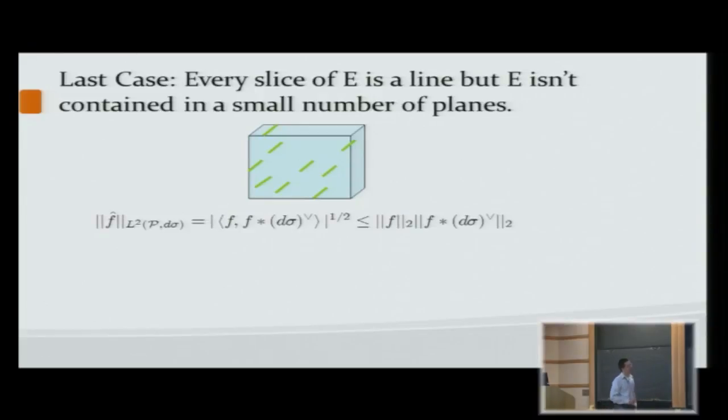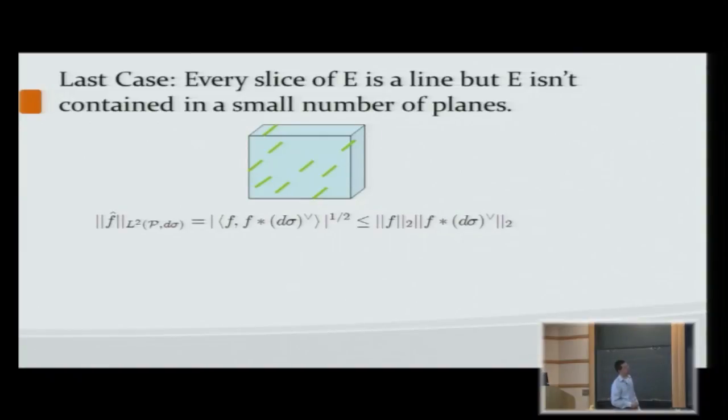And so what I can do is go back to the L2 methods, because I got rid of the one case I couldn't deal with, this planar case where the L2 methods failed. And what I do is I rewrite the L2 norm of the Fourier transform of the function as the inner product of the function with the function convolved with the Fourier transform of the surface, and then I can use Kakeya's inequality to upper bound this.